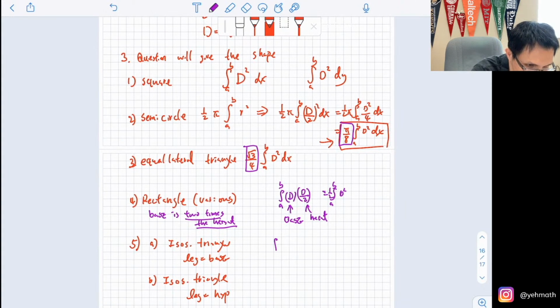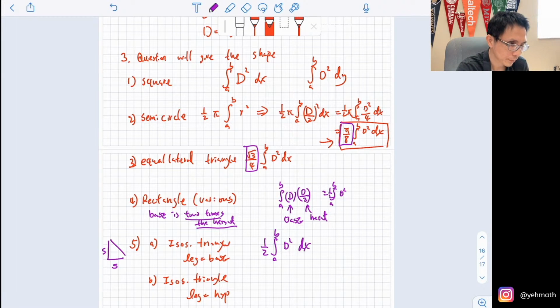Isosceles right, this one is actually interesting. If the base is an isosceles right triangle, then that's just going to be d squared and a half between a to b dx. Normally they don't ask that. But if its leg is equal to hypotenuse, then that's different.